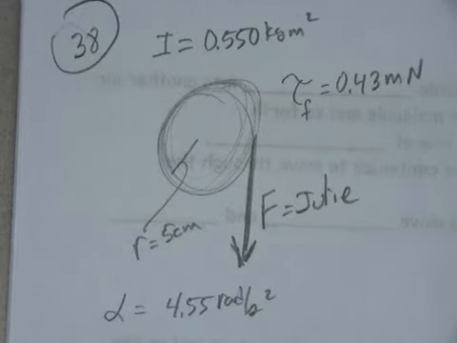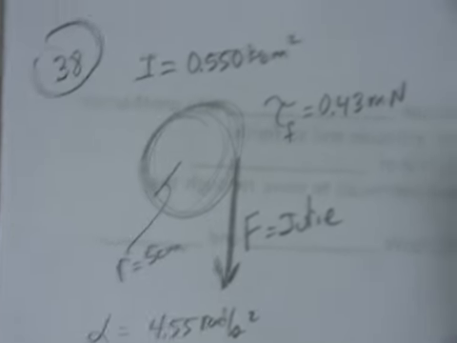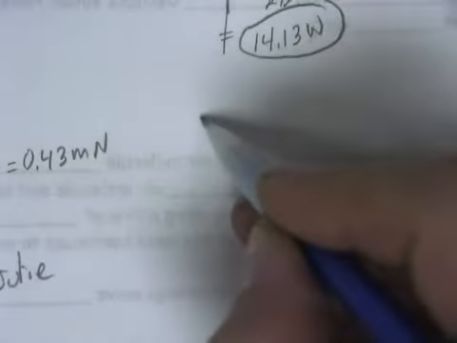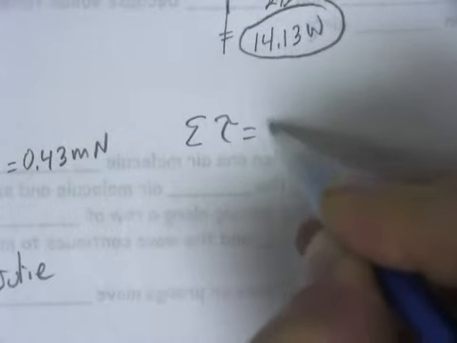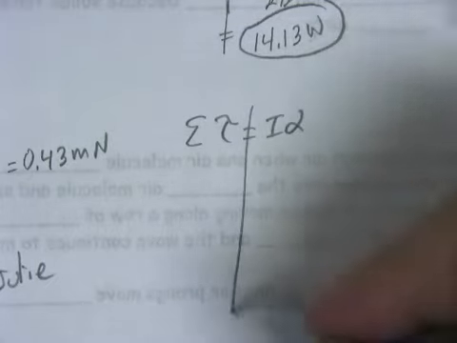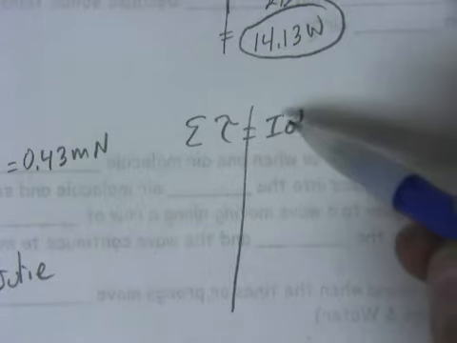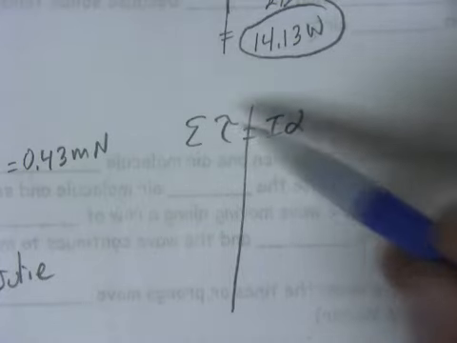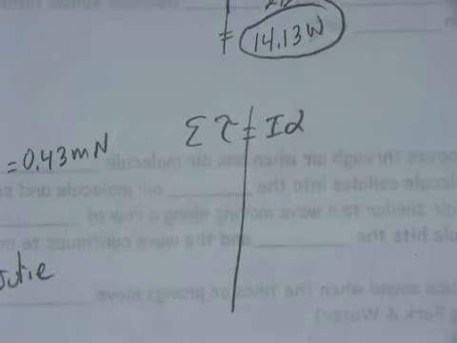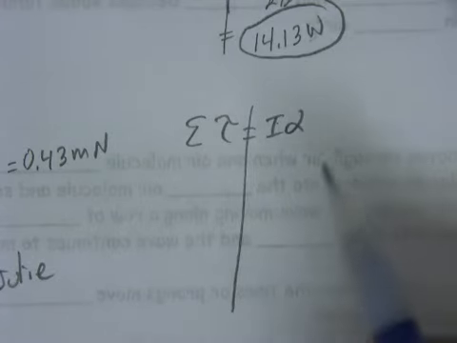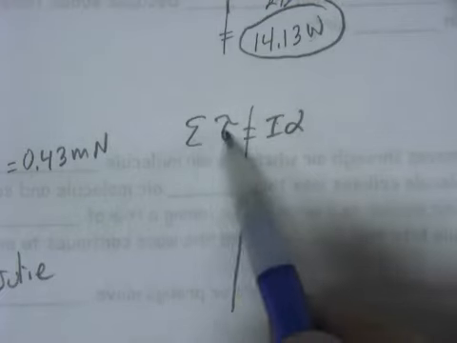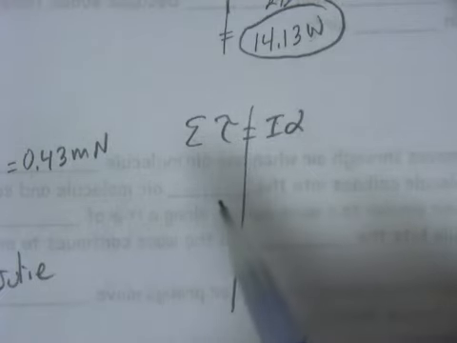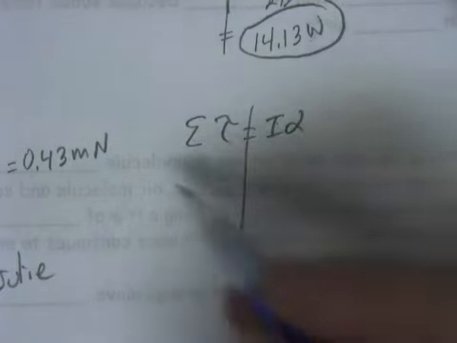We're looking for force. And the equation that's going to govern my thinking is the torque equation. The reason I'm going to use this one is because they gave me alpha, and they gave me I, and then they gave me some torque. So this equation comprises most of what I need. So I have sigma torque, and I need to remember that there's actually two torques here.